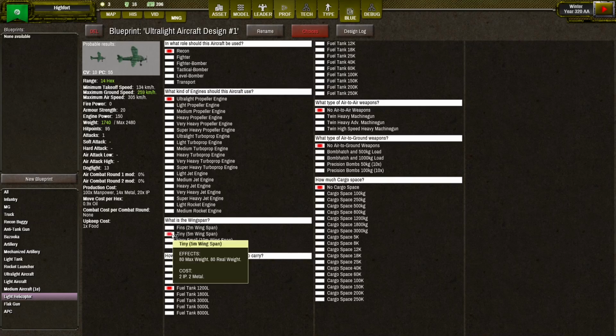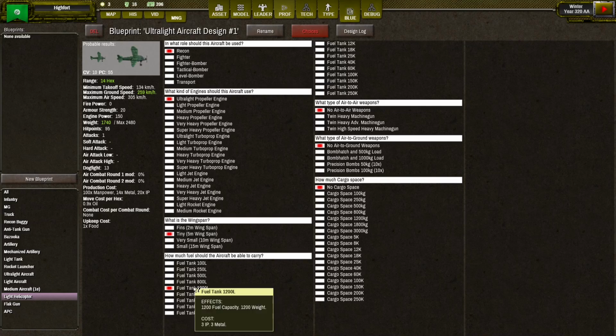So a lot, because the higher the pressure on the planet, the more the wingspan will decrease the minimum takeoff speed, so the easier it will be to take off from the ground. So you need to balance the wingspan, engine, and check the weight, and also add the fuel tank, but the fuel tank is also increasing weight.